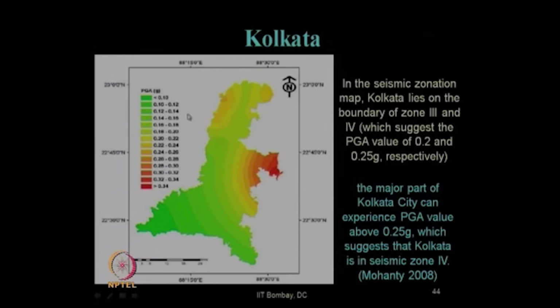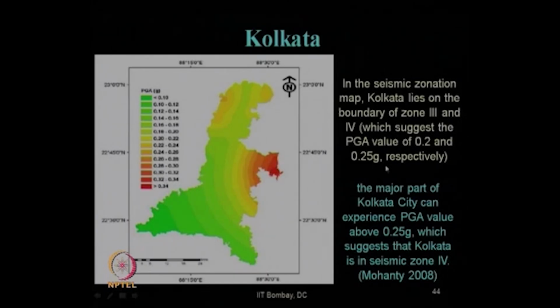This is the map for various ranges of PGA, whereas the seismic zonation map of the Indian seismic code IS 1893 shows that Kolkata lies on the zone 3 and 4 boundary, which suggests a PGA value of between 0.2 to 0.25 g. Here it shows that it should be majorly in zone 4, which is above 0.25 g, some of the portions you can see over here.